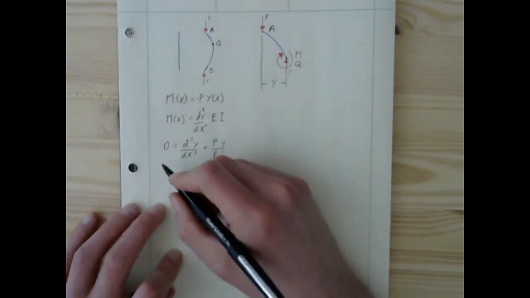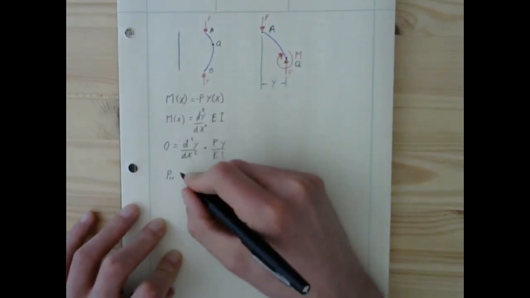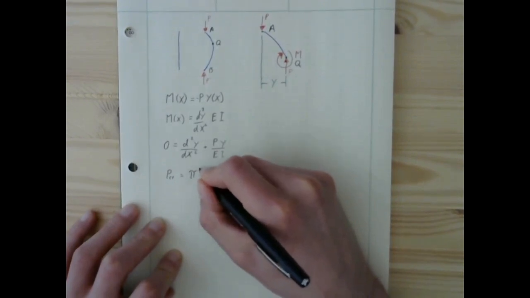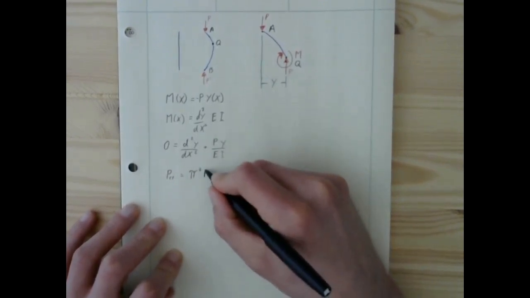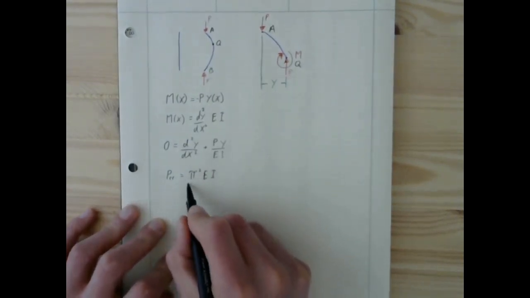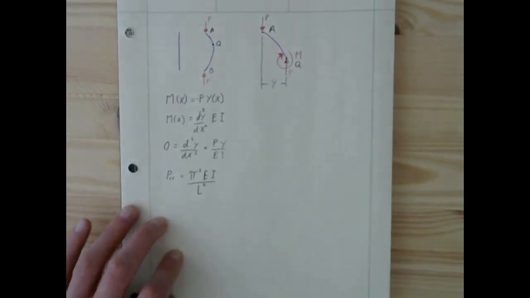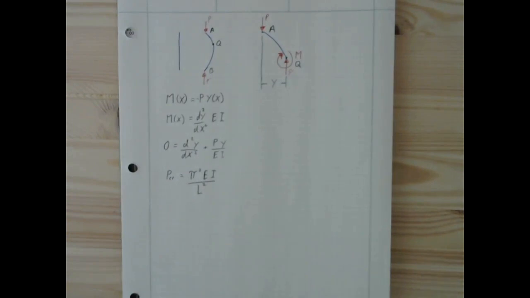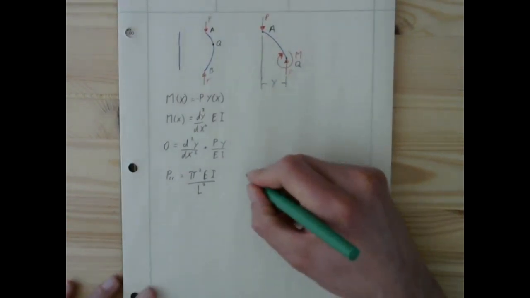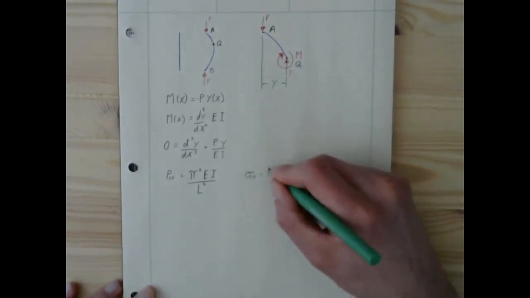So this is going to give us Euler's buckling load, or Euler, some people pronounce it, I believe incorrectly. So it's going to give us that the critical load is equal to pi squared times the Young's modulus and the second moment of inertia divided by the length squared, which is going to give us a value for the critical stress that is going to be, well, that divided by A, right?